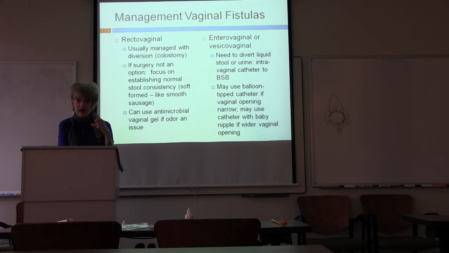And then you add a bulking agent. Frequently we recommend Citracel because you don't get as much gas formation with Citracel until her stool is smooth, soft formed. Smooth, soft logs, okay?